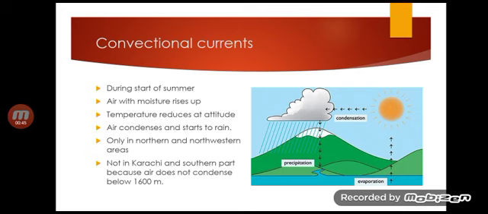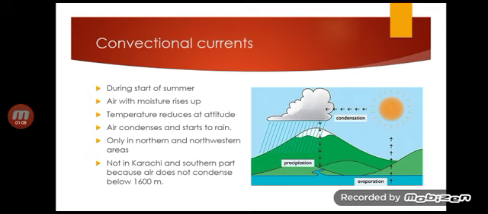The air starts to evaporate, and since it's the start of summer, the air still has moisture in it. So it evaporates and becomes cloud. These clouds go to a higher altitude, and when they go to a higher altitude, they cool down, they condense, and they start to rain.